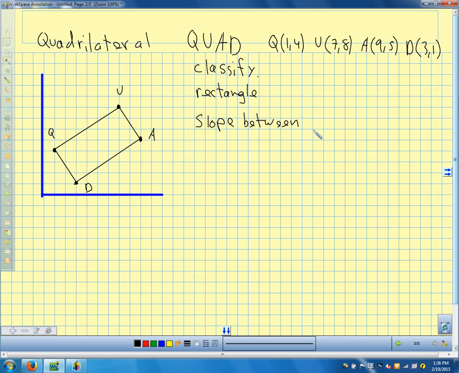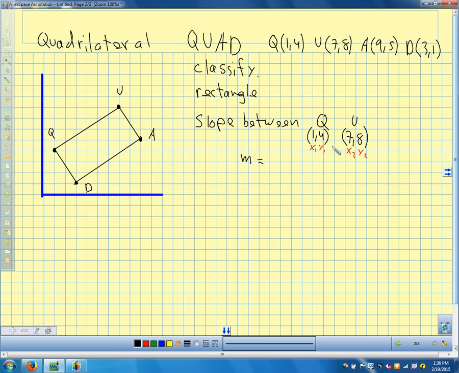So I'll do the slope between Q, which is 1,4, and U, which is 7,8. So I'm going to say m, and I suggest you always label your points, x1, y1, x2, y2. You could do it on your graph here.